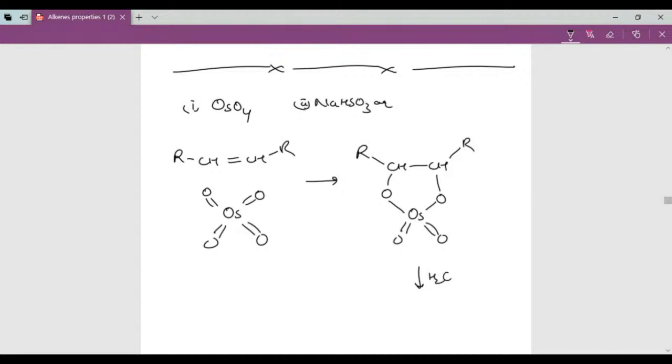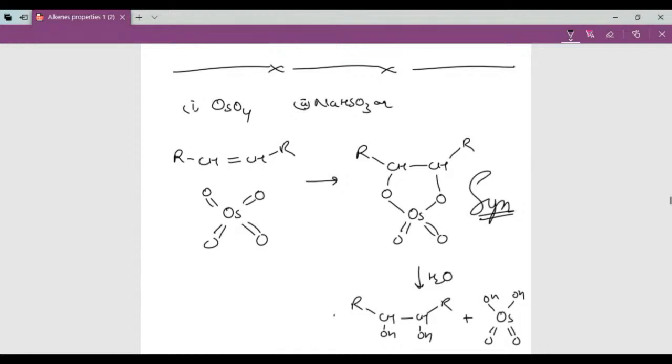Again, when you do hydrolysis, this is again syn addition. In the same way, we'll have RCHOH, CHOHR plus OsO2(OH)2.